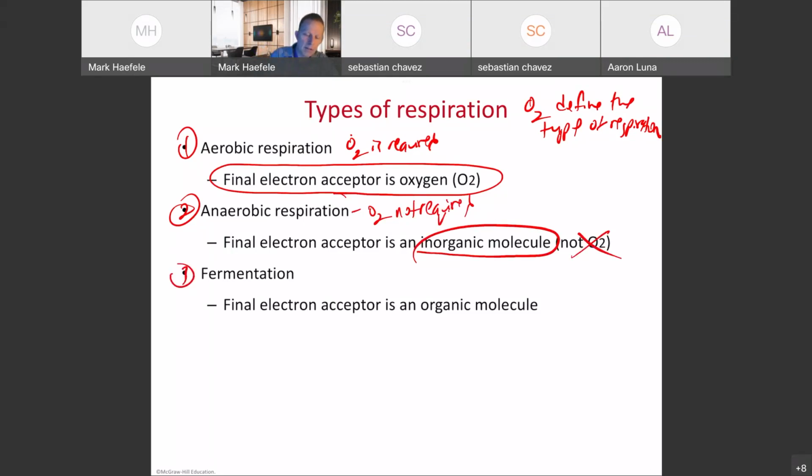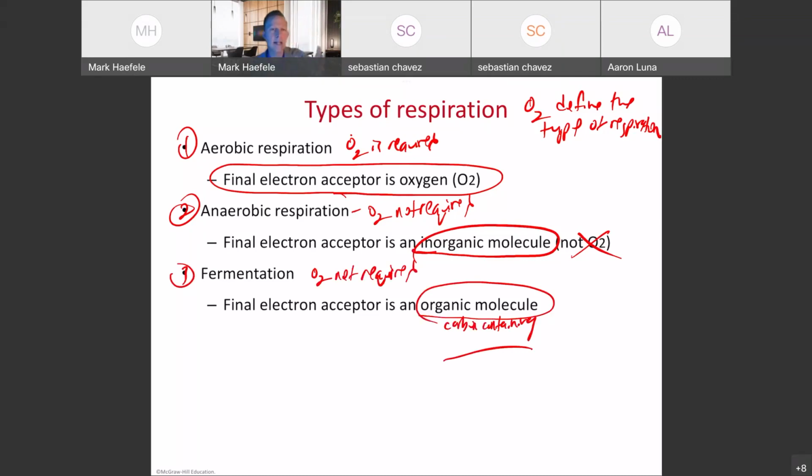And then another type of anaerobic respiration, also oxygen not required, is fermentation. In this particular case, instead of your electron acceptor being an inorganic molecule, it's an organic molecule, that is to say carbon containing. So notice the three different types of respiration are defined by who ends up with that last batch of electrons.